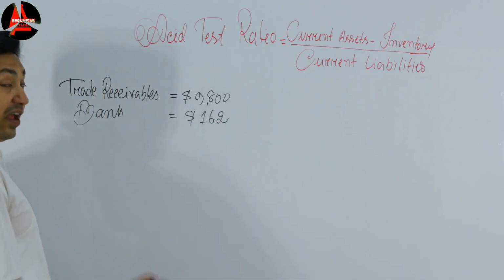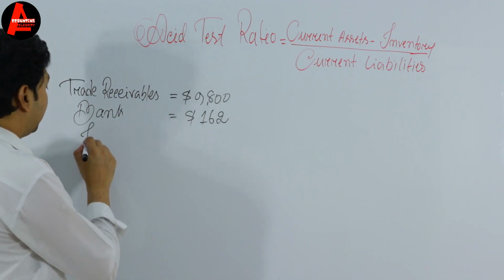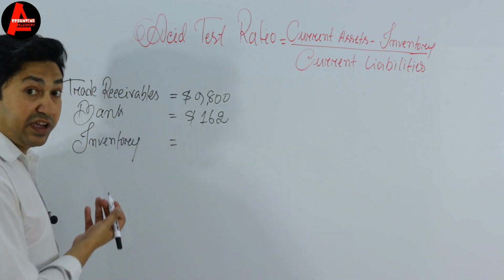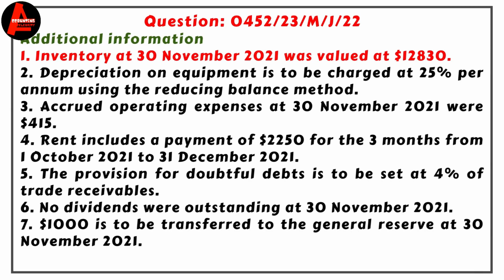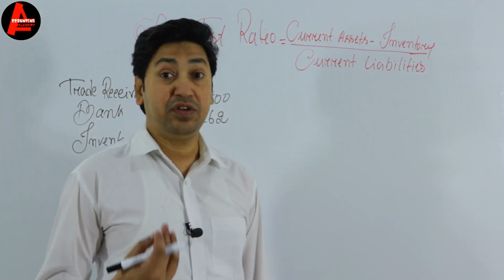Then we have here inventory. It is actually closing inventory. So let us have a look at the question. Adjustment number one, inventory at 30 November 2021 was valued at $12,830.